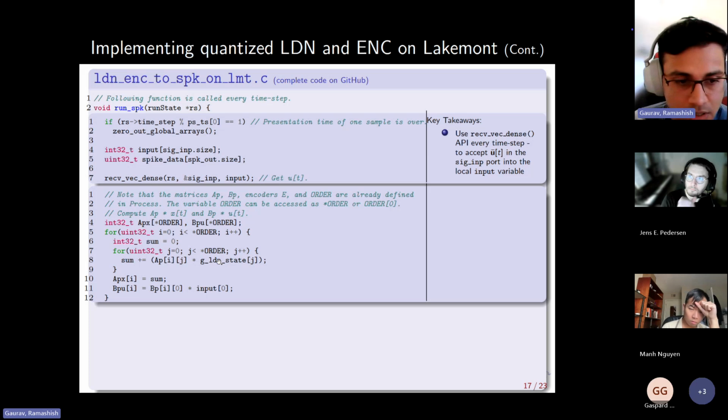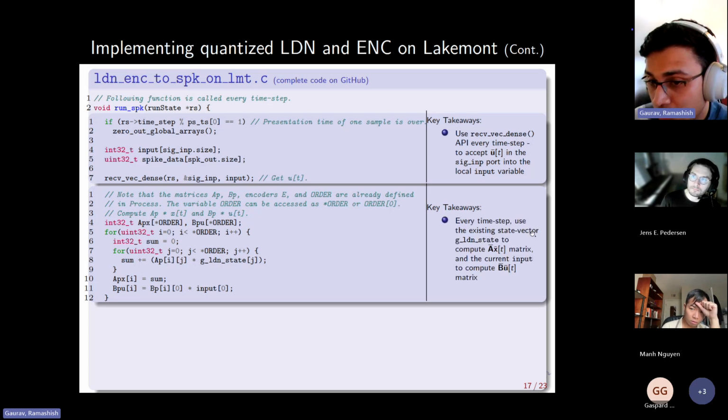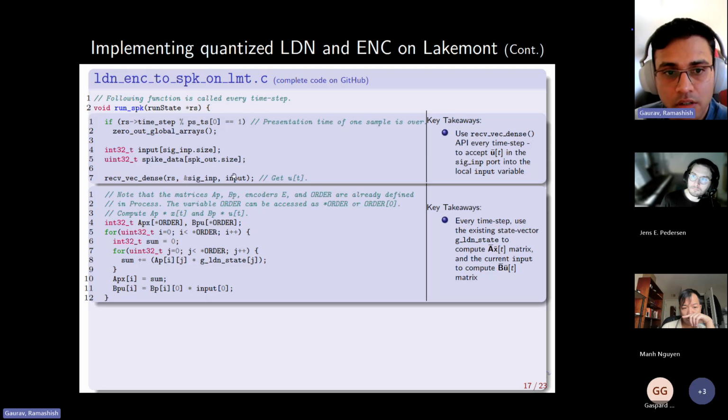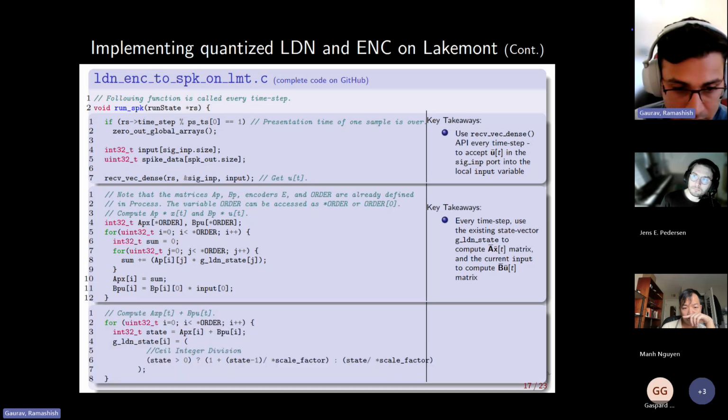I'm simply doing some matrix operations here, and the key takeaway is that you can use the existing state vector, the global LDN state that you saw in the previous slide, to compute the A bar, X bar, T matrix, the quantized multiplications, and you can use the current input, which is stored here, to compute the B bar, U bar, T matrix here. So once you have computed them, the multiplications have been performed, you simply need to add them up to compute your next time step's state vector, which is done exactly in this code here.